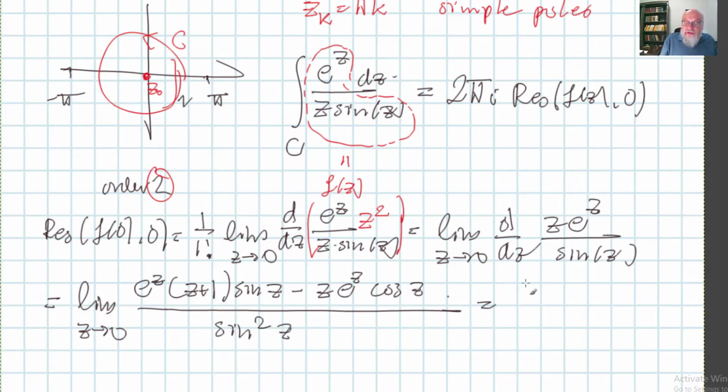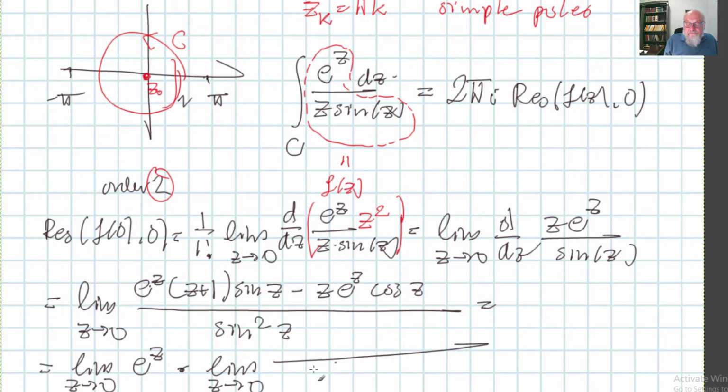One simplification that is possible is to pull out e^z. You can write it like this: the limit as z goes to 0 of e^z times the limit as z goes to 0 of [(z+1) sine of z minus z cosine of z] over sine squared z.